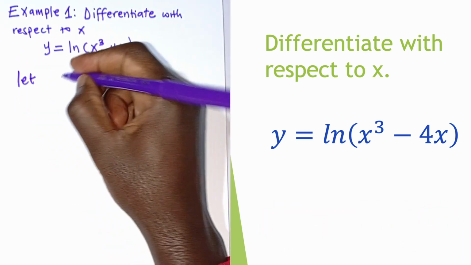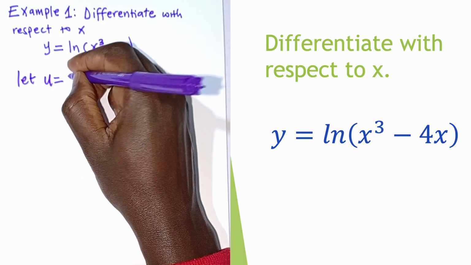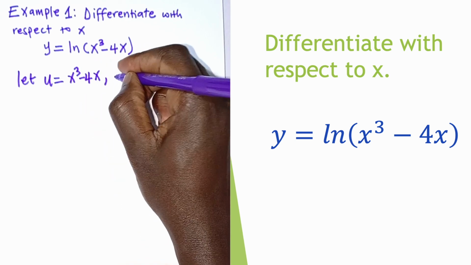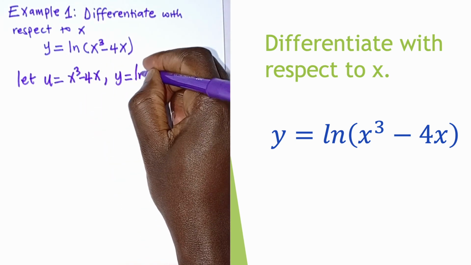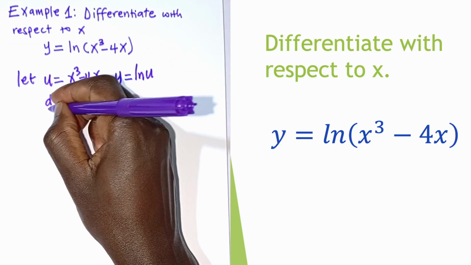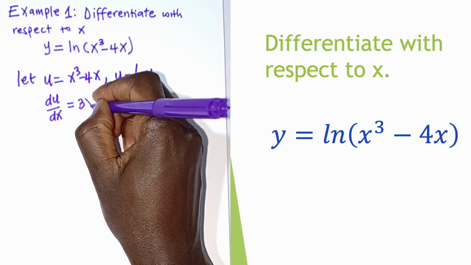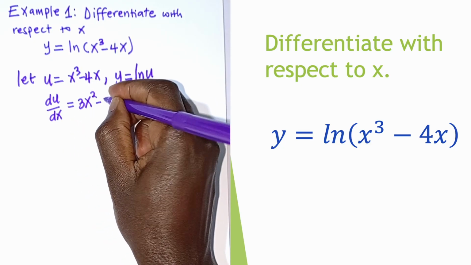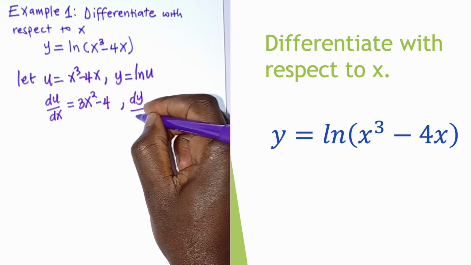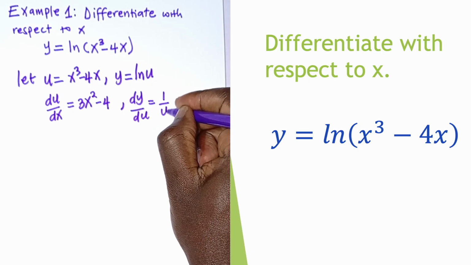We begin by letting u be x power 3 minus 4x. Then it means our y is equal to ln of u. If we differentiate u with respect to x, we get du by dx is 3x squared minus 4, and our dy by du becomes 1 out of u.